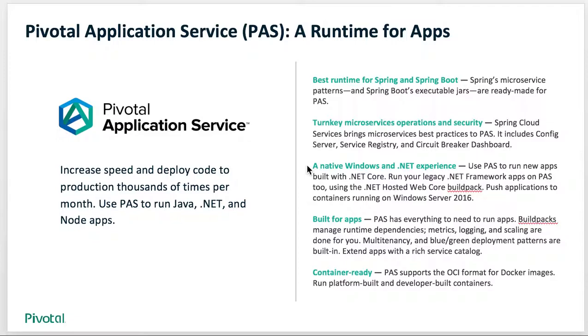It is also a turnkey microservices platform. That means to run microservices, you don't need anything extra. Everything is available inbuilt in Pivotal Cloud Foundry to run your microservices, whether it's Netflix libraries, config server, service registry, or circuit breaker dashboard; you can run everything using the services available from Cloud Foundry.